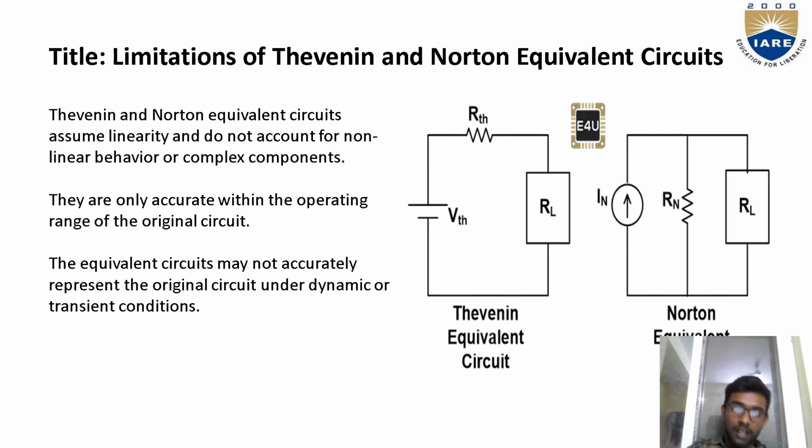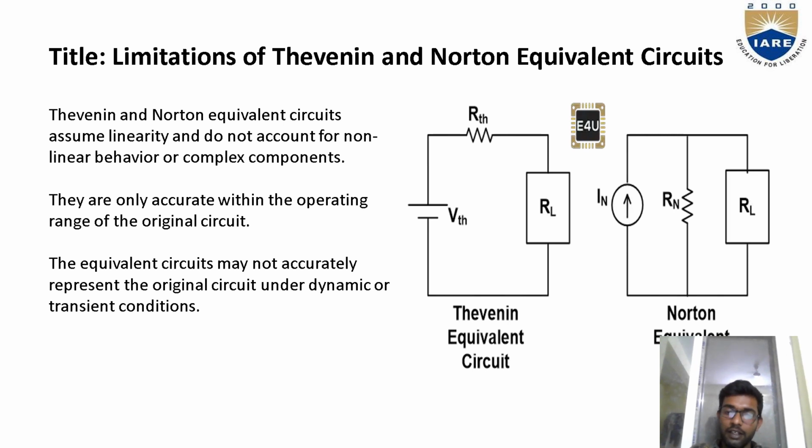They are only accurate within the operating range of the original circuit. The equivalent circuits may not accurately represent the original circuit under dynamic transient conditions. Okay, here are some limitations.